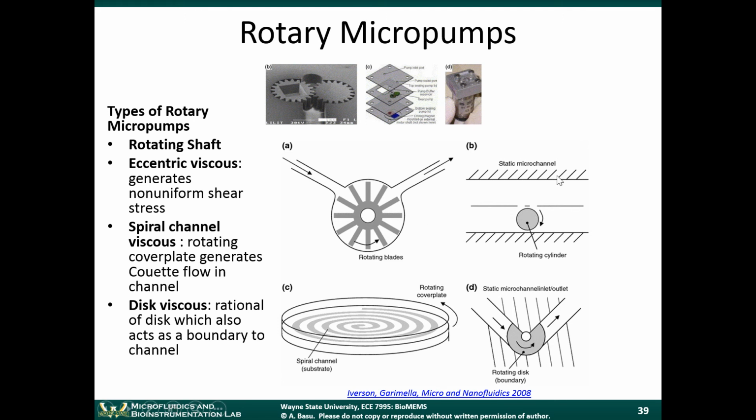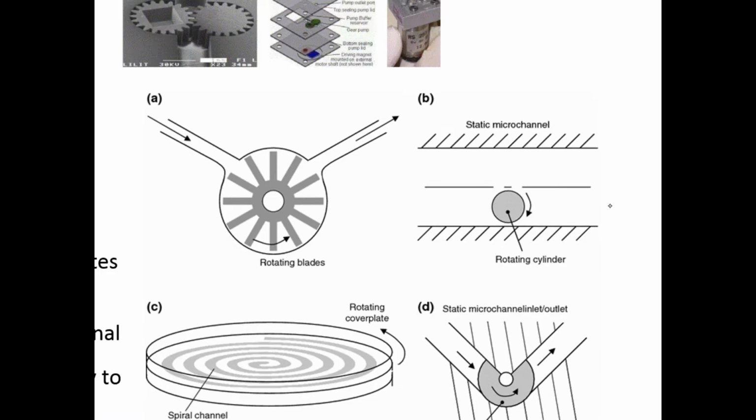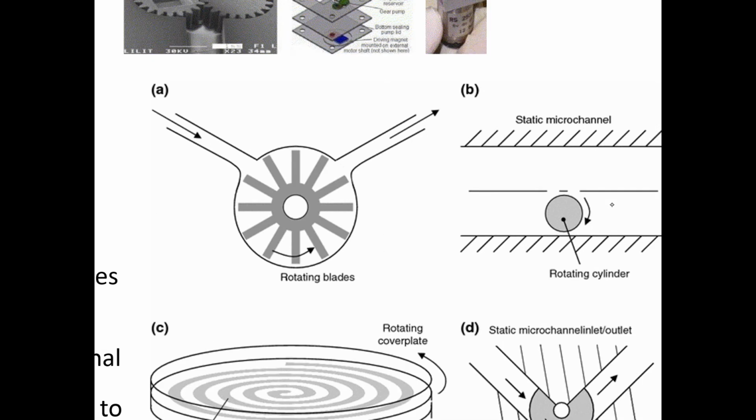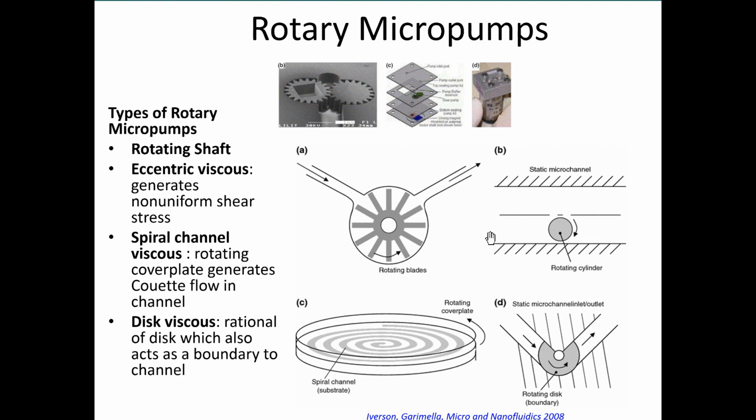The second one is referred to as an eccentric viscous type of micropump. This only works in a microscale system. So you have basically a rotating cylinder here like this, and it generates non-uniform shear stress.